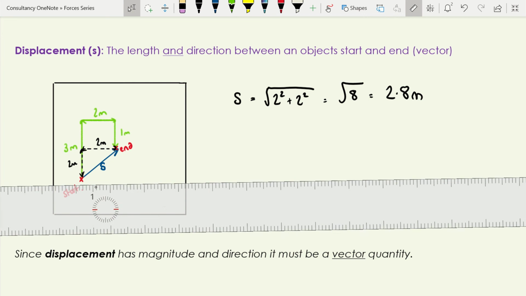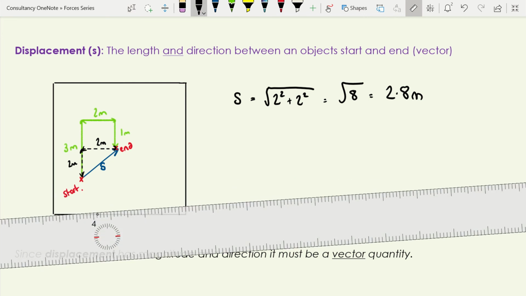So what we're going to do is figure out an angle inside this triangle. Let's call it in there theta. Okay, so theta, using trigonometry, is going to be the inverse tan of 2 divided by 2, because the side opposite to that angle is 2, and the side adjacent to that angle is 2.